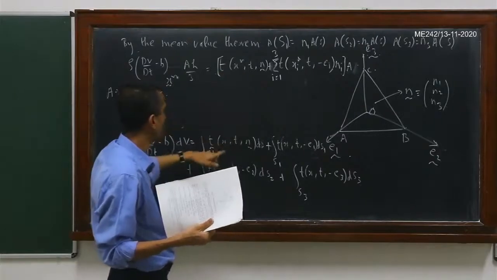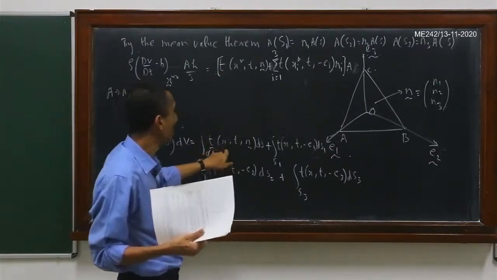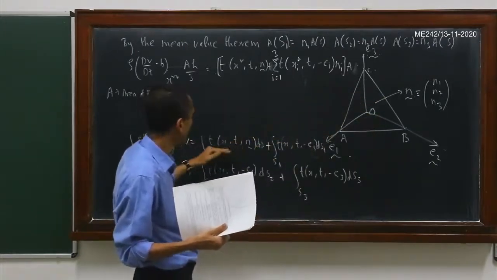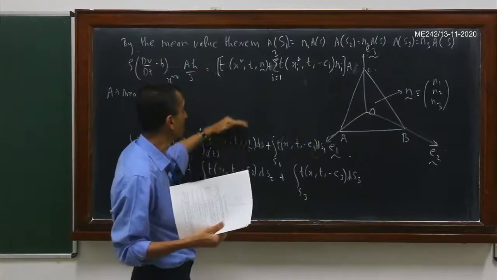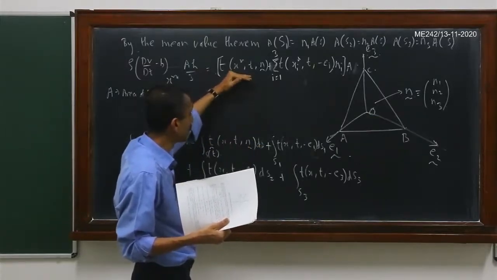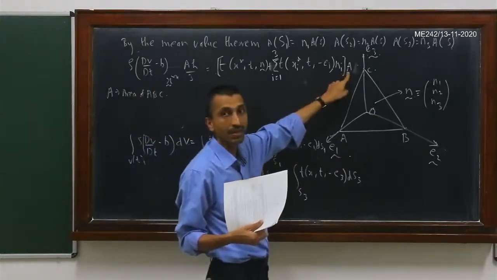So that means there is some x star which is lying on this surface S, which is this ABC, such that the value of this integral is equal to the value of the integrand multiplied by the area, and as we said, the area is ABC, and so on.